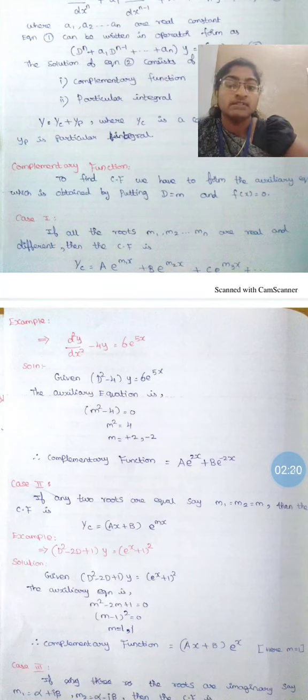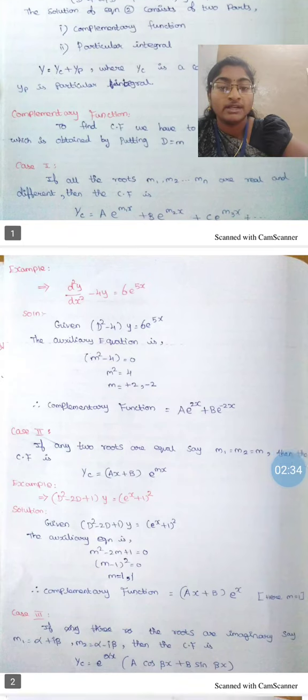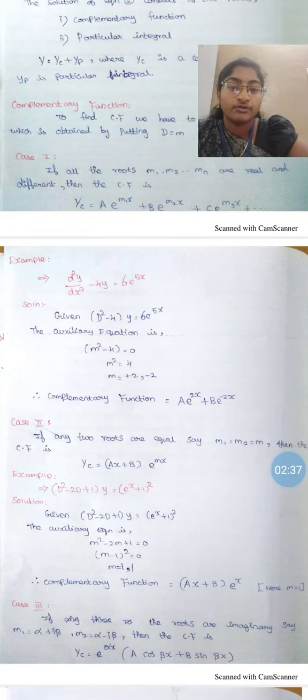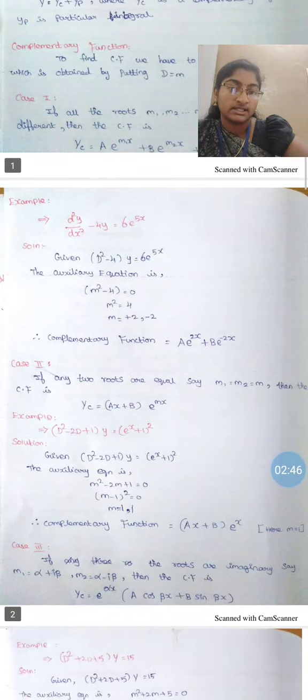See the example: d^2y/dx^2 - 4y = 6 e^(5x). Our question is in exponential form, so we will use the case 1 formula. Take this in operator form: (D^2 - 4) y = 6 e^(5x). The auxiliary equation is m^2 - 4 = 0.